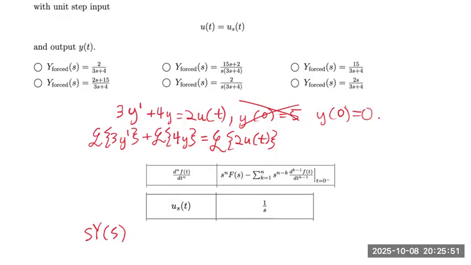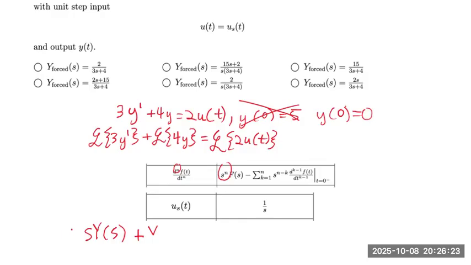And our initial condition is 0, so we don't have to worry about the initial condition part. Then plus the Laplace of 4y, which is 4 times s to the power of 0, which is 1, times F(s), so 4Y(s).